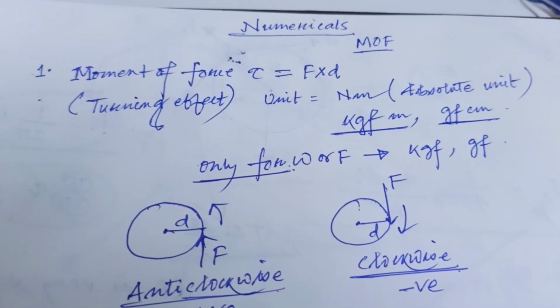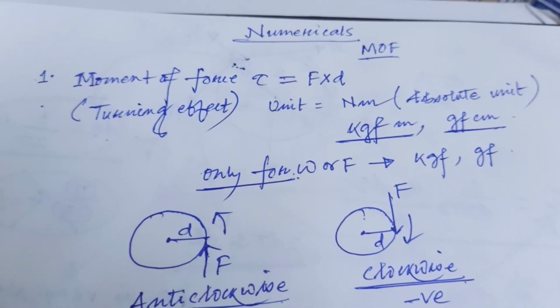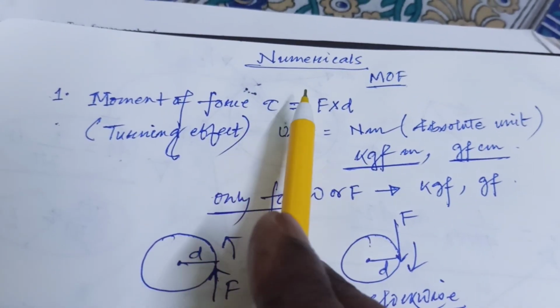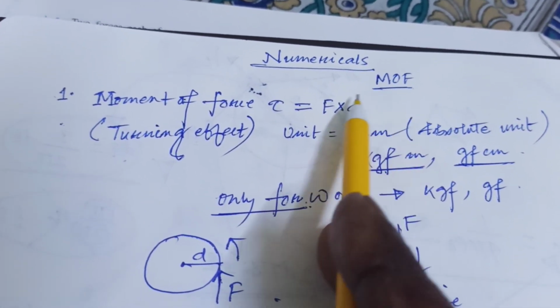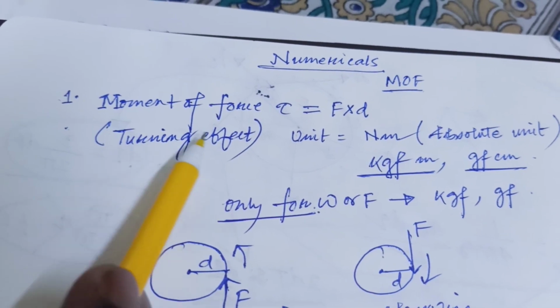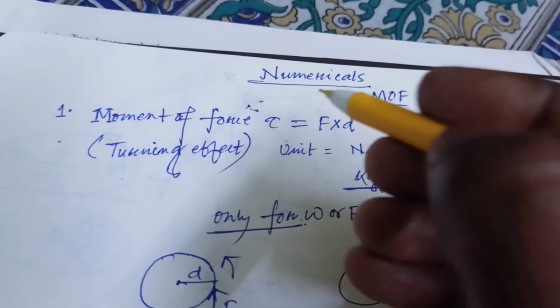So students, I repeat again, all the concepts given in the previous class; this is the numericals class for moment of force. We know that the moment of force we denote as tau.